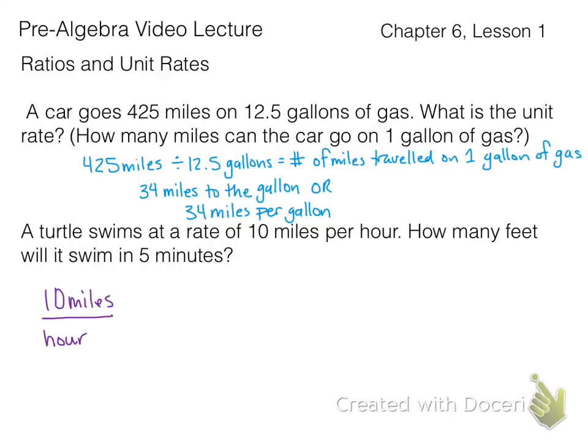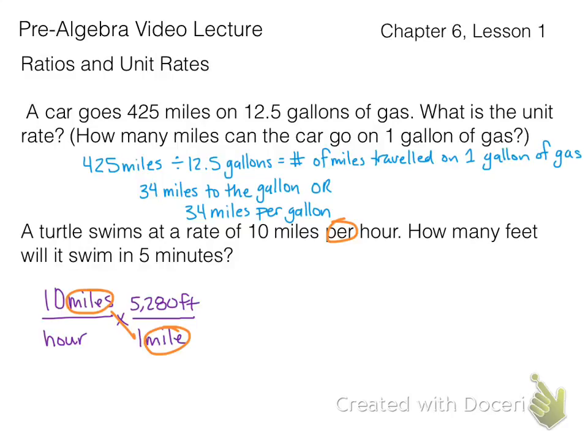All right, so we have 10 miles per hour. Remember, the word per means like fraction bar and division. So we're going to multiply it by the number of feet there are in a mile, which is 5,280. And remember, I put similar units diagonal from each other, because they're going to end up canceling out.